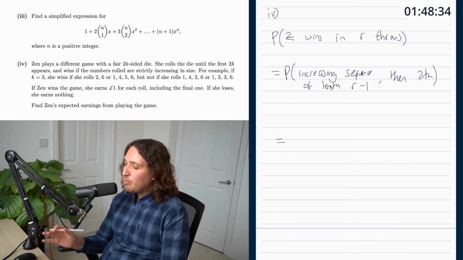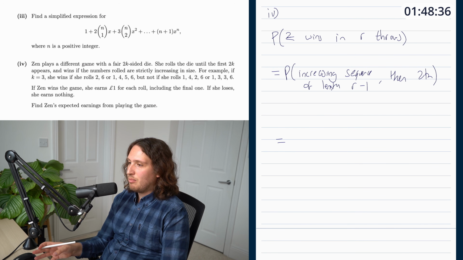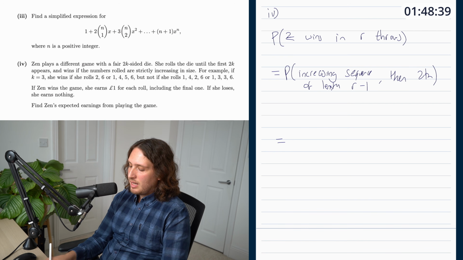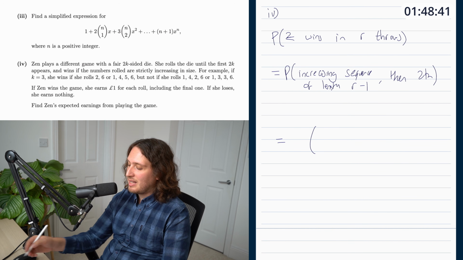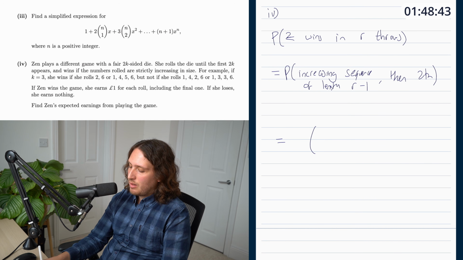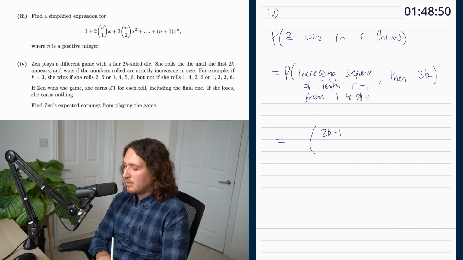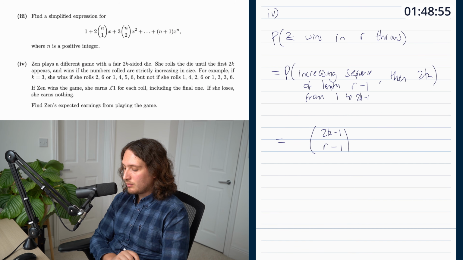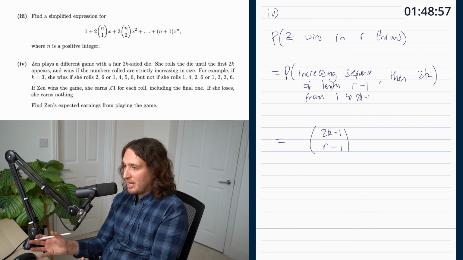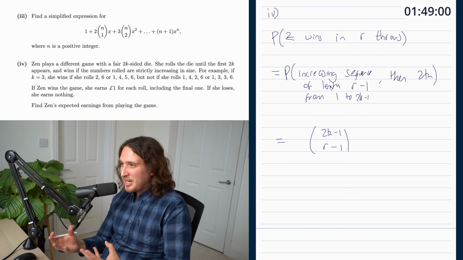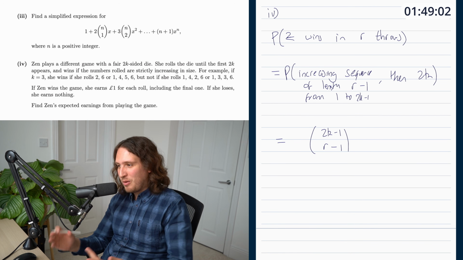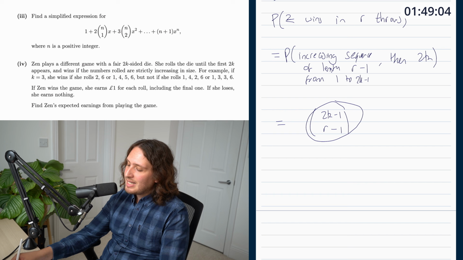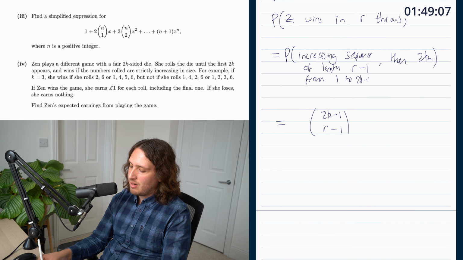How many increasing sequences are there of length R minus 1? Well, I can't use up 2k because then the game's ended. So from 1 to 2k minus 1. From my 2k minus 1 things, I just need to choose R minus 1 of them. They're the ones that are going to be my increasing sequence. And once I choose which numbers to use, the order is fixed by the requirement that it's increasing. So that is how many increasing sequences there are.